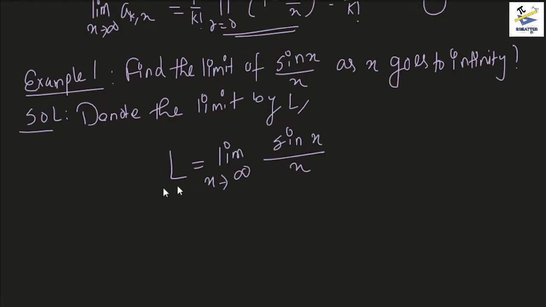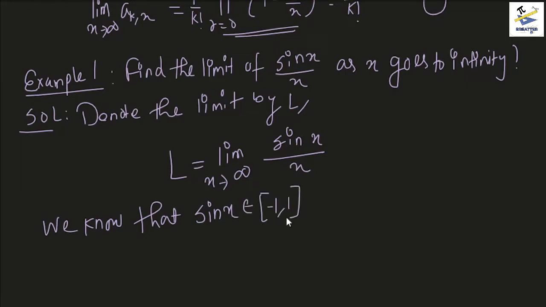No, it doesn't, because we know that sin x for every real value of x lies in the closed interval -1 to 1, for all x belonging to real, right? So this is a property of sin x, that sin x is bounded.